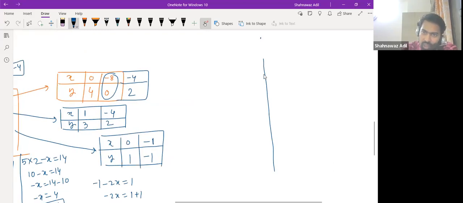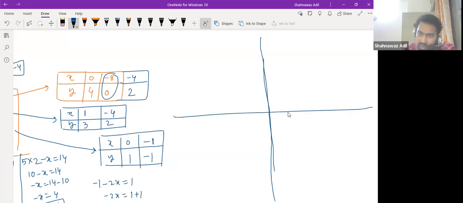On the graph paper, this would be 1, 2, 3, 4. This is minus 1, minus 2, minus 3, minus 4. This is 1, this is 2, this is 3, this is 4.